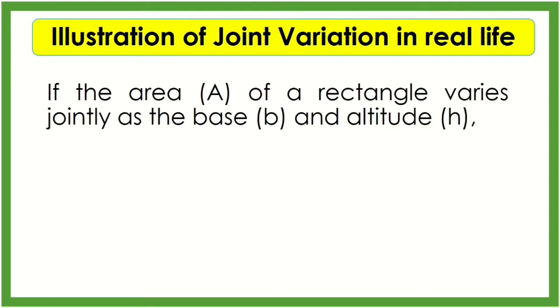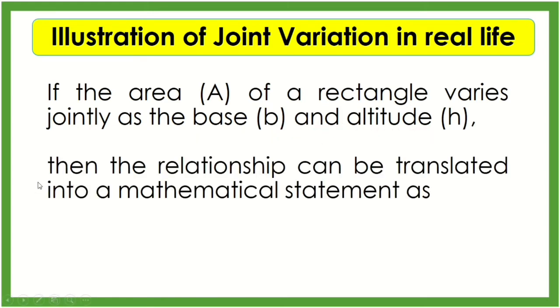Let us have illustration of joint variation in real life. If the area A of a rectangle varies jointly as the base B and altitude H, then the relationship can be translated into a mathematical statement as A equals K times B times H. A is the area, K is the constant of variation, B is the base, and H is the altitude.